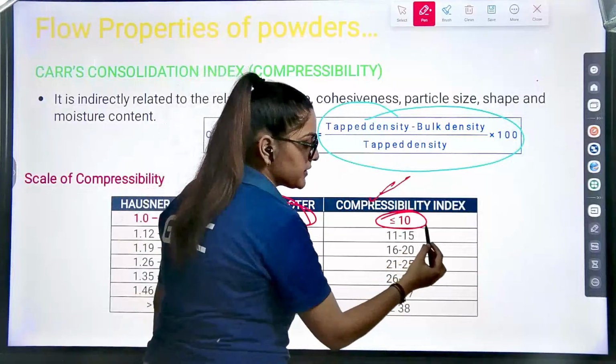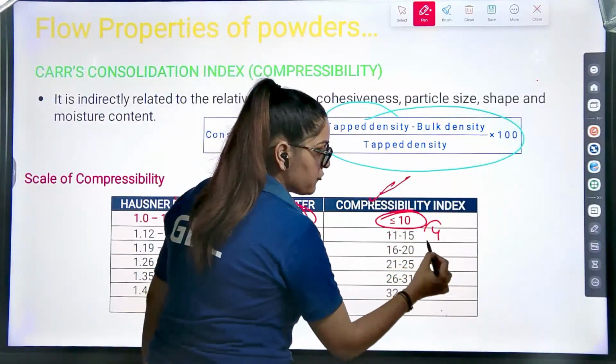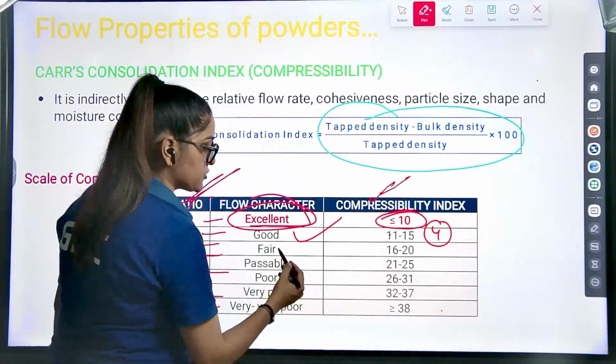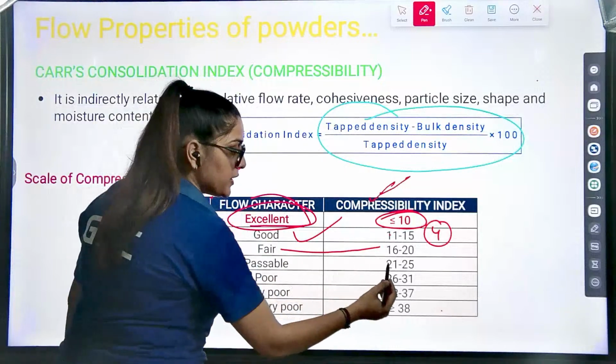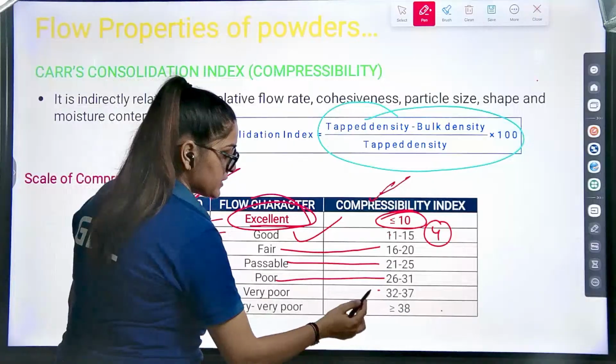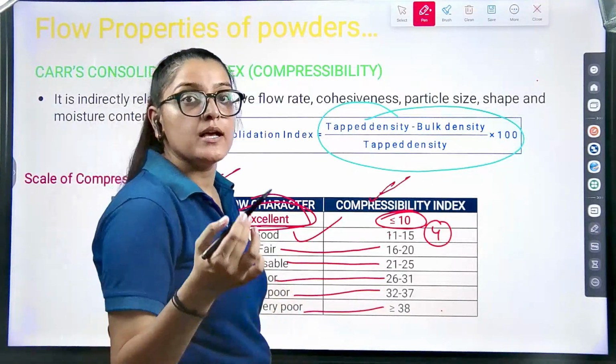After that, there is a gap of 4, 4 and 5, 5. 11 to 15, it is going to offer a good flow. 16 to 20, it is going to offer fair. 21 to 25, passable. 26 to 31, poor. Then 32 to 37, very poor. Greater than 38, very, very poor.